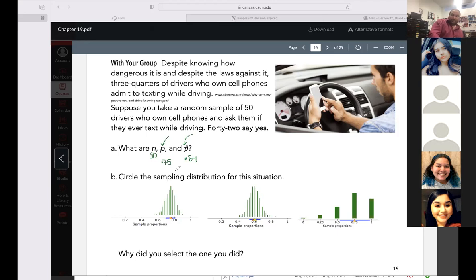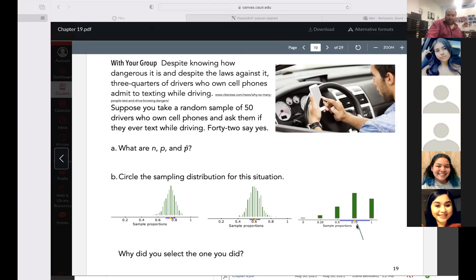Would it be the right because the true value is in the middle? So you mean the far right, the third, this one here? Yeah. So when you say the middle, do you mean the halfway through the graph? Because that's the middle. So what do you mean by middle here? Well, because the arrow is pointing to the 0.75, which is the true value.